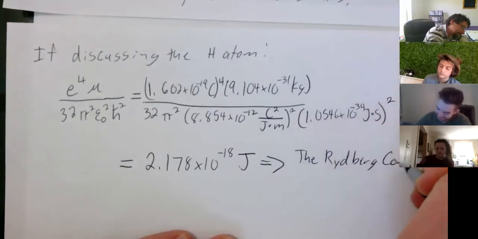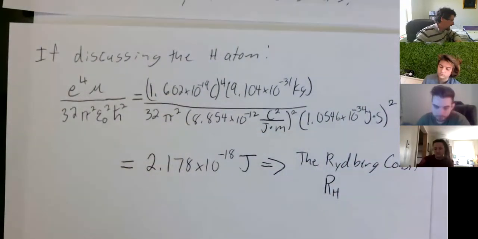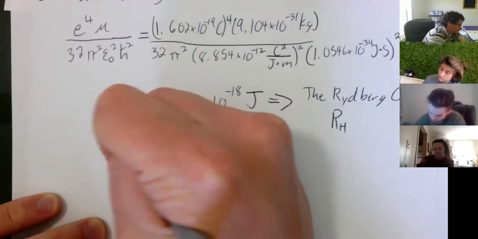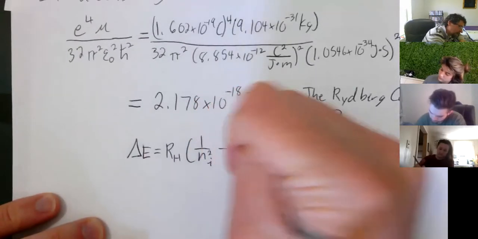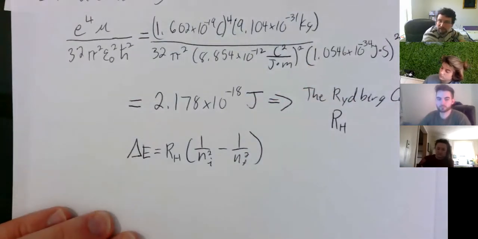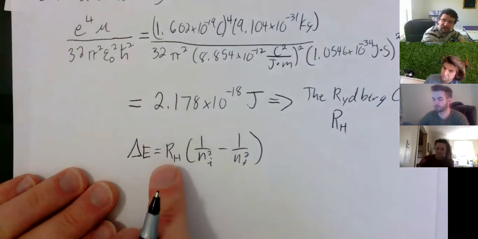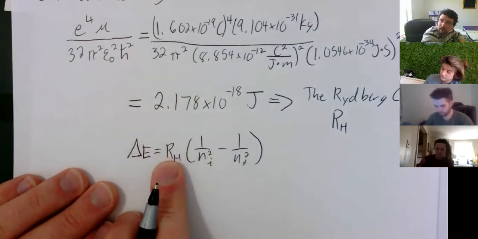R sub H. So remember, when Bohr was considering the model of the atom, he was looking at delta E is equal to R sub H, 1 over Ni squared minus 1 over Nf squared. You remember that expression? What's crazy is they had to determine this empirically, something that had to be measured through experiment.